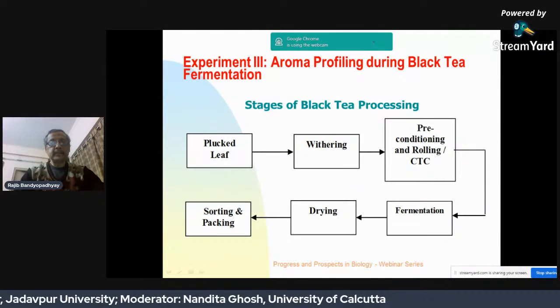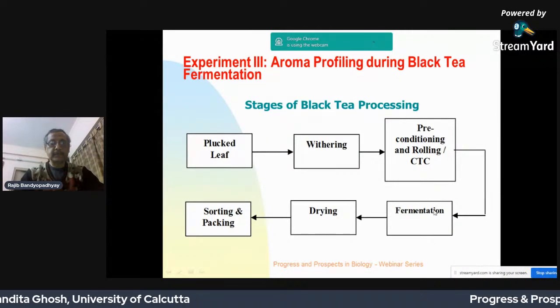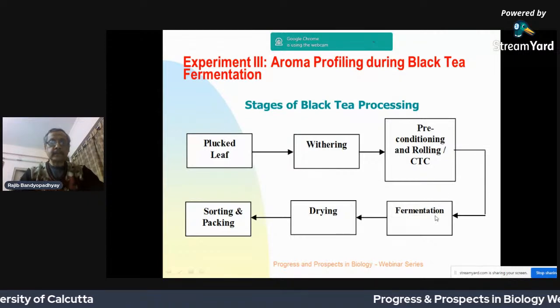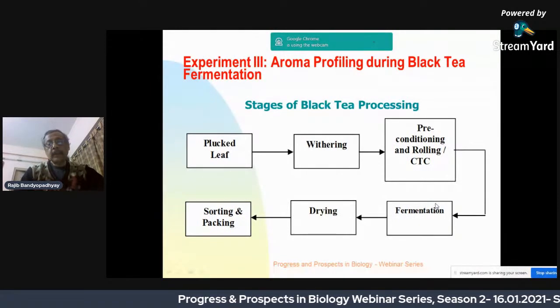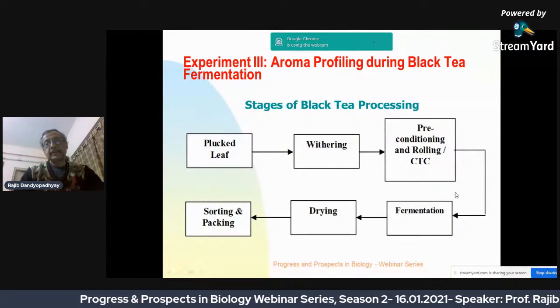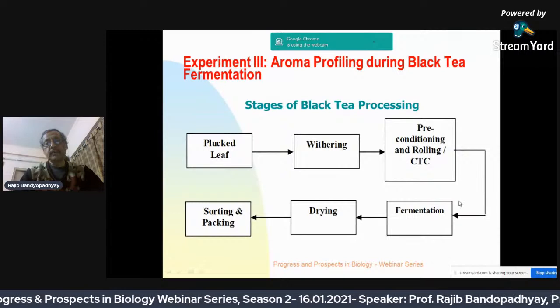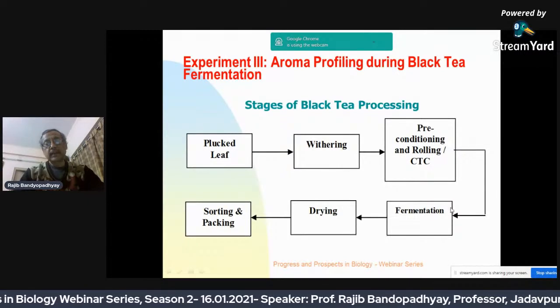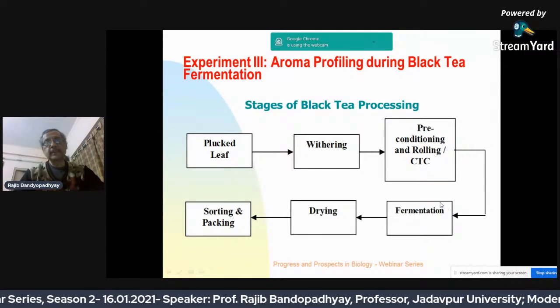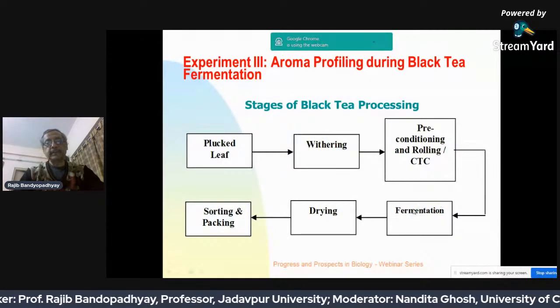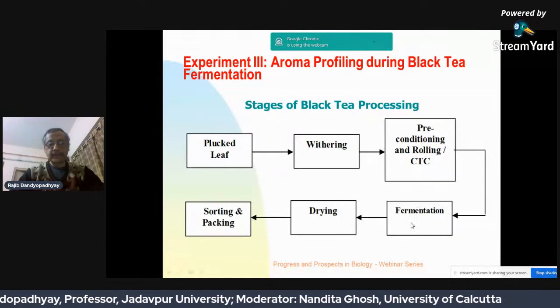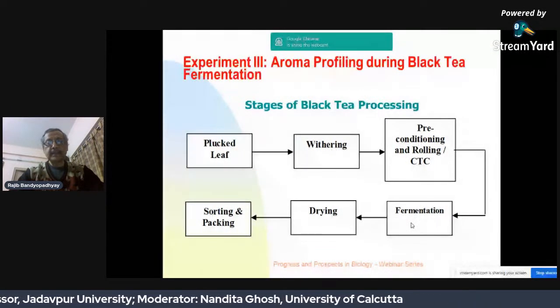Fermentation is basically an oxidation process during tea processing. It is during this time of fermentation that the tea samples undergo change in color as well as smell, and the grassy smell is converted to floral smell. So there is an important application of electronic nose there, and there are some standard techniques.